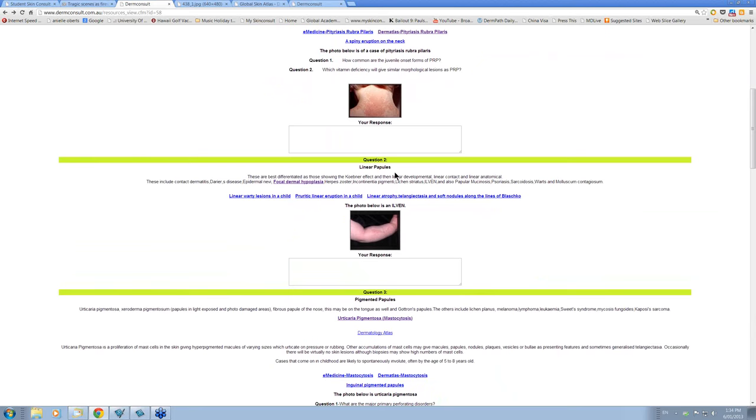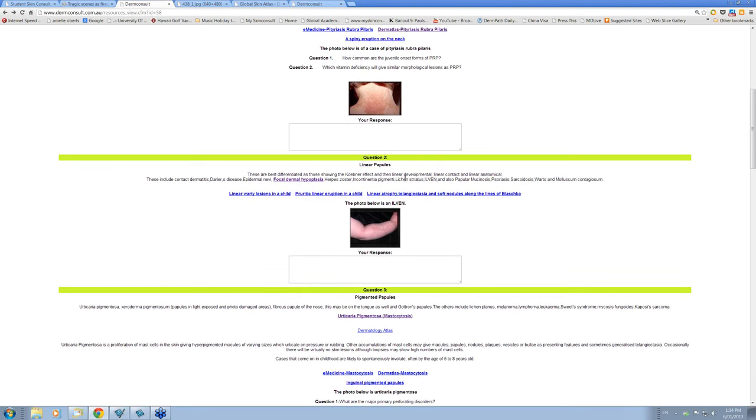Linear papules. Things can occur in a linear way for various reasons. Are they basically showing a Koebner effect with scratching and trauma to the skin and the lesions coming up that way? Or is it linear developmental, as a genetic problem that tends to occur in a linear area? Is it linear contact?